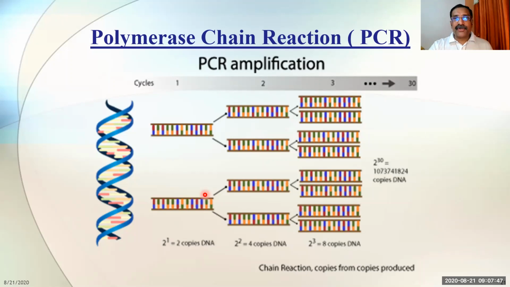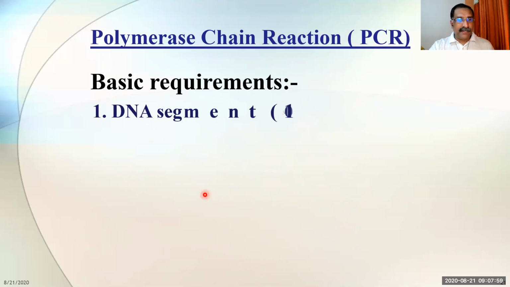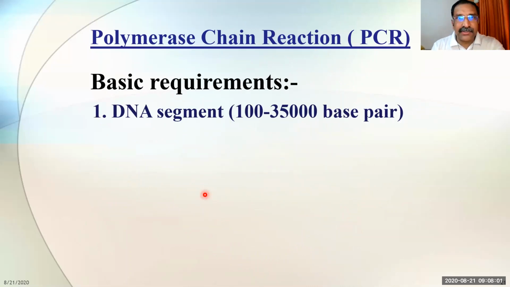So in a short period of time, you will be able to produce multiple copies of the DNA sequence or the gene you have. And this slide also I showed, but I told you that from here we have to start from the next class. Okay, now we have to start from here.